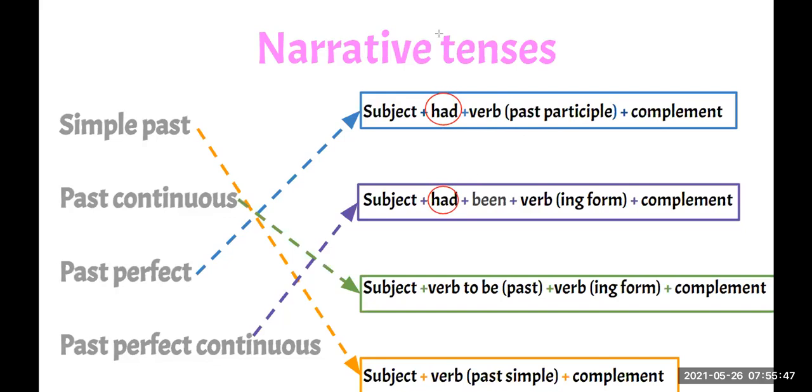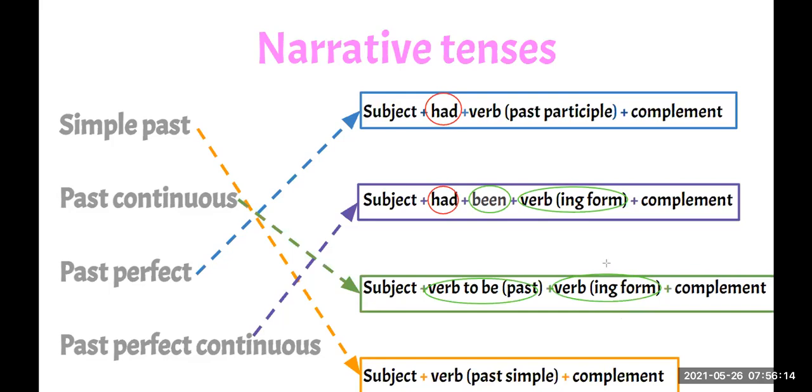But in the continuous tenses, we always have the verb to be in any of its forms, en cualquiera de las formas, el verbo to be, and a verb with the ing form. The same here. Where is the continuous? Here we have the verb to be and the ing form. So you have to pay attention to that.